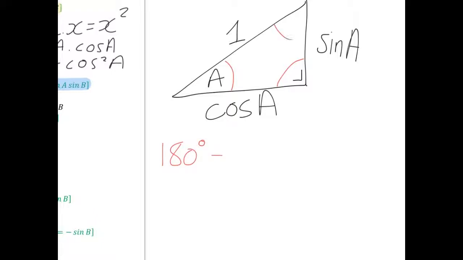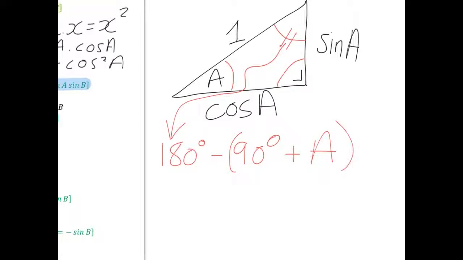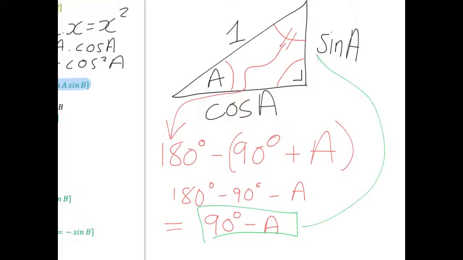So that means this angle here must be 180 degrees minus 90 degrees, our right angle, plus our A. 180 degrees minus 90 degrees minus A, 90 minus A. So this angle all the way up here is 90 minus A.